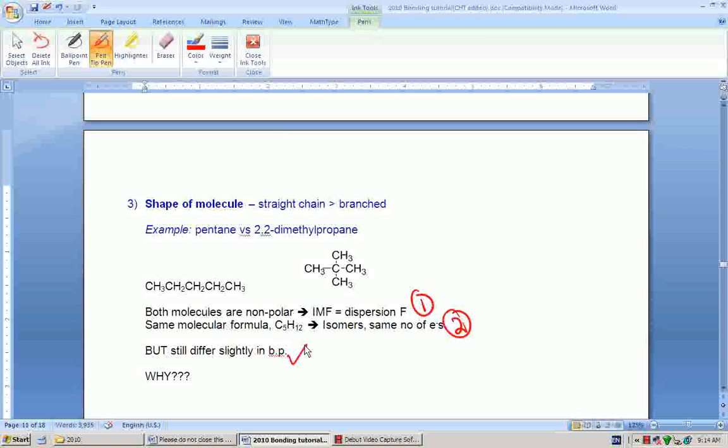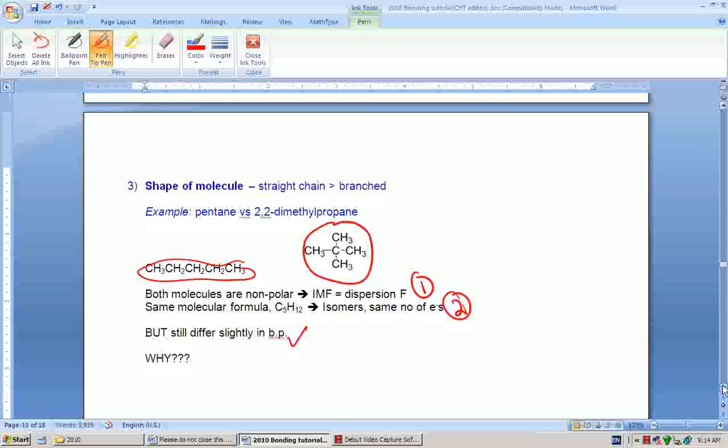No choice, we move to the third criteria, which is the shape. For the straight chain molecule, you realize that the shape is elongated, while the branched one is actually spherical. So we are comparing these two types of shapes.